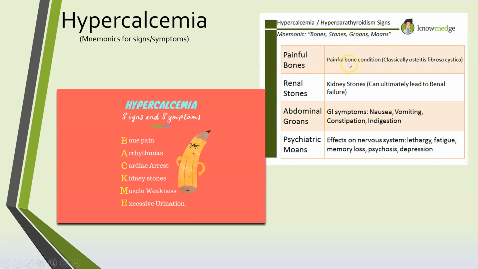Bones: painful bones can cause a painful bone condition. Stones: kidney stones. Groans: GI symptoms, the abdominal groans like nausea, vomiting, constipation, and indigestion. And the moans refer to more psychiatric symptoms: lethargy, fatigue, memory loss, psychosis, and depression.